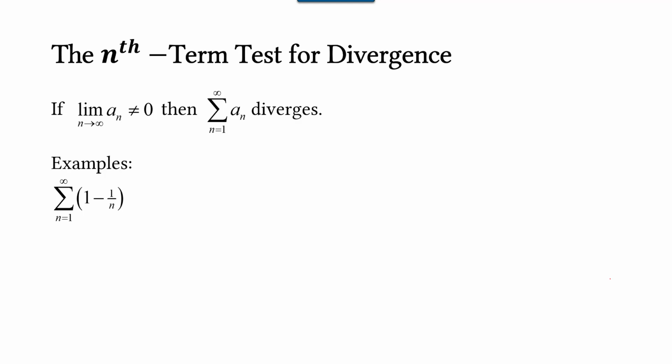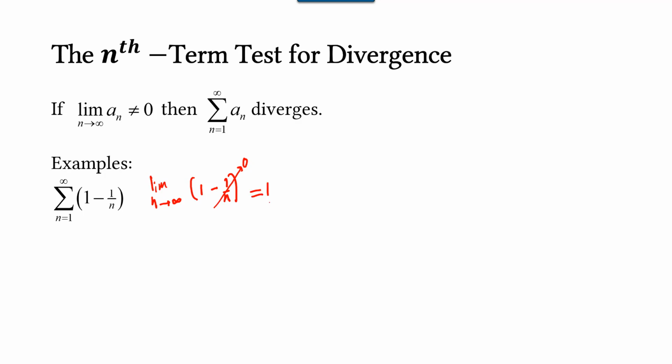So the slide animation here is a little bit out of order, but here's our first example. The series sum of 1 minus 1 over n. If we take a look at the limit as n goes to infinity of a sub n, in this case the nth term is 1 minus 1 over n, we know that this piece, 1 over n, has to go to 0.